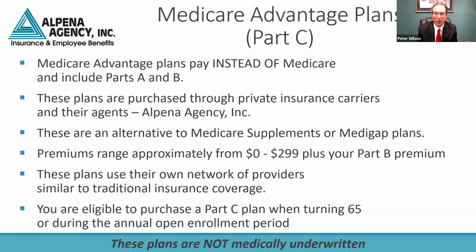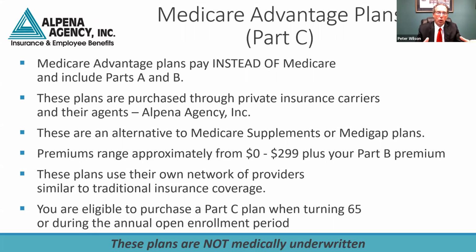And most of us immediately think, well, that's not true. But it is true. Advantage plan premiums range from $0 to about $300 a month. You still have to pay your Part B premium. You still pay that separately. But the Part C is going to have this premium of $0 to $300.